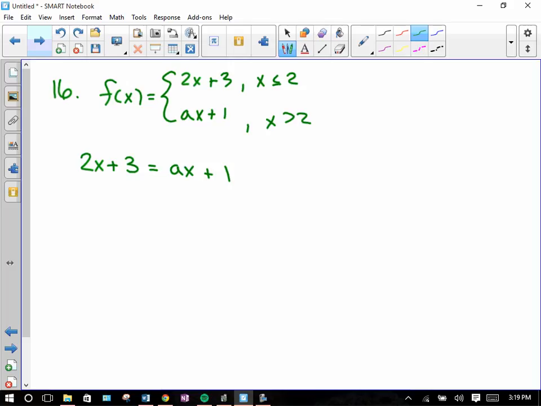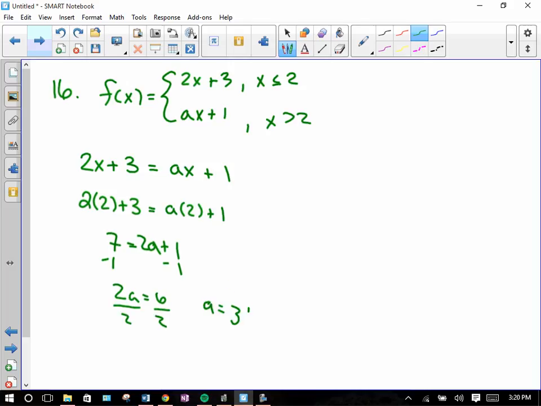So x is equal to 2. We have 2 times 2 plus 3 equals a times 2 plus 1. So 2 times 2 is 4 plus 3 is 7. It's equal to 2a plus 1. I'm going to subtract 1 from both sides. I get 2a is equal to 6. Divide by 2, I get a is equal to 3.